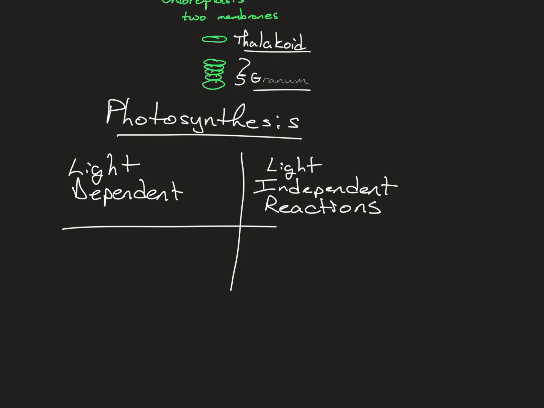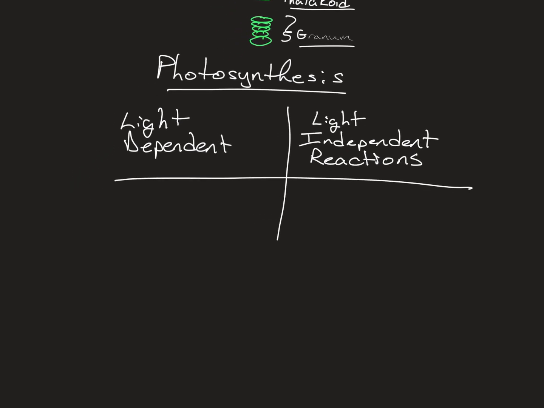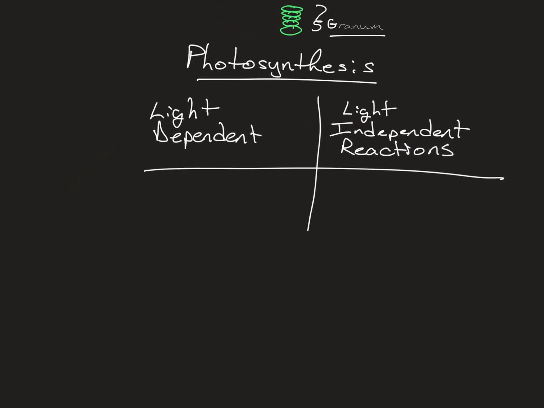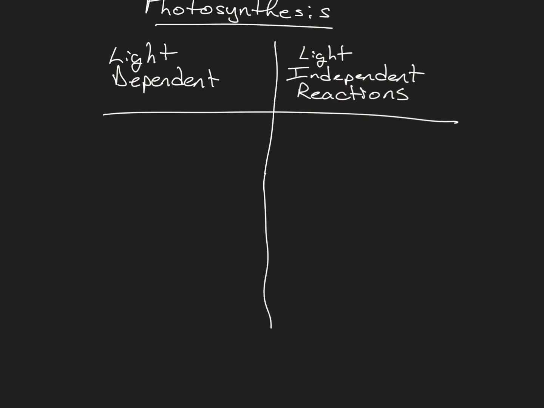Light dependent and light independent reactions. It often happens in the dark, but there are some plants that have evolved to do the light independent reactions at a different time because of the heat. We'll talk about that when we talk about the different kinds of photosynthesis.